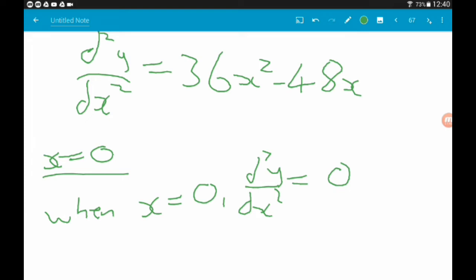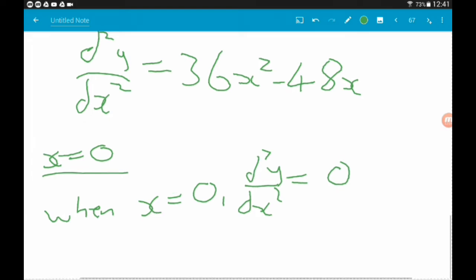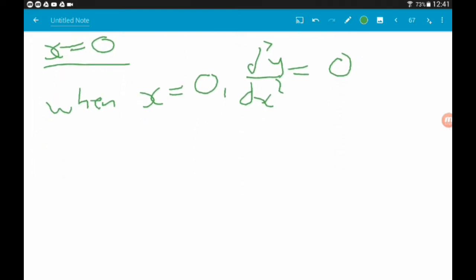So what we're going to do, we're going to use a gradient table to see what's happening to the gradient to the left of the stationary point and to the right of the stationary point, and then that will allow us to determine the nature. So in our table, we're going to have our x values going across the top.